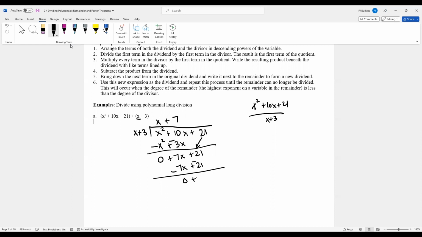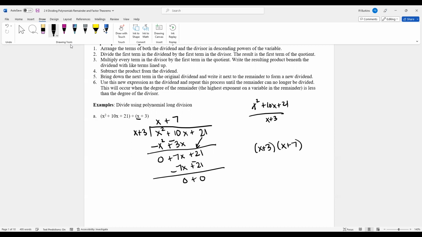And I have 21 minus 21, which is also 0. This is good. This means there is no remainder, and that the x plus 3 went into the other polynomial perfectly.